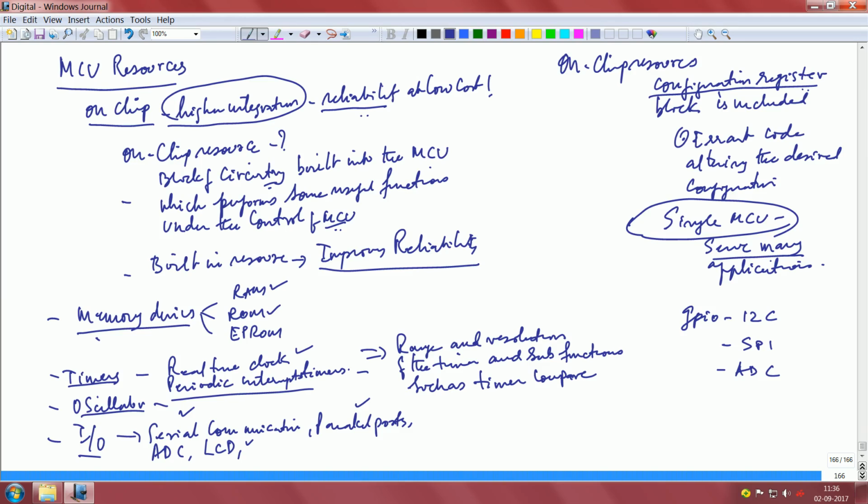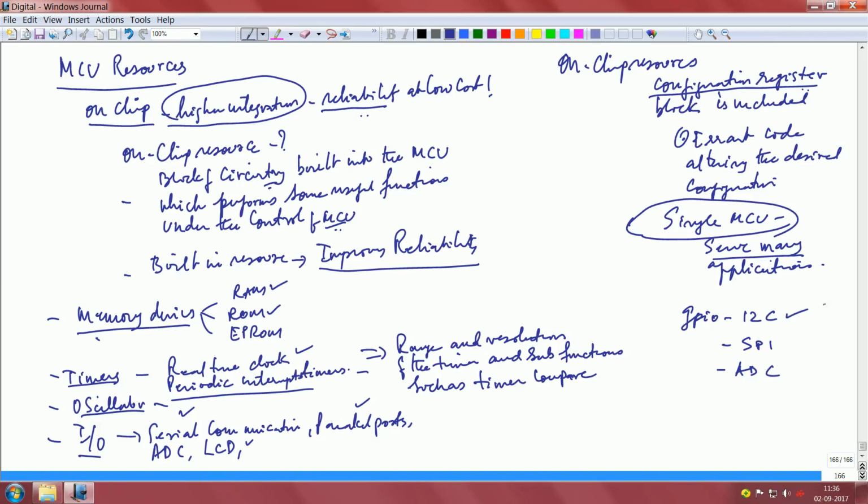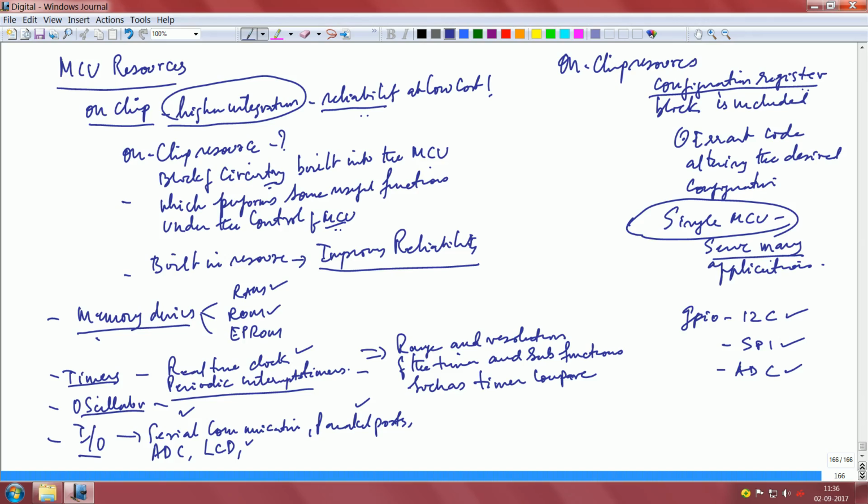What can you configure? If you have a set of general purpose input output pins, you can configure them for I2C operations, for SPI operations, for ADC operations, and so on and so forth. But the only thing you have to bear in mind with configuration register based systems is errant code. If the code that you write is buggy, you will have erratic performance from the CPU.